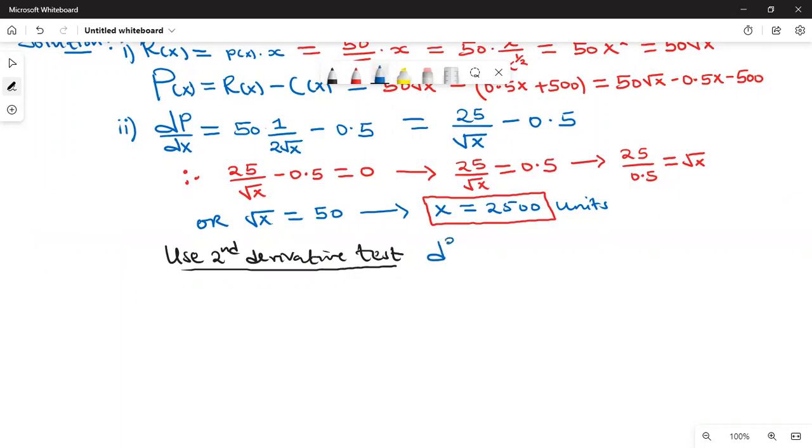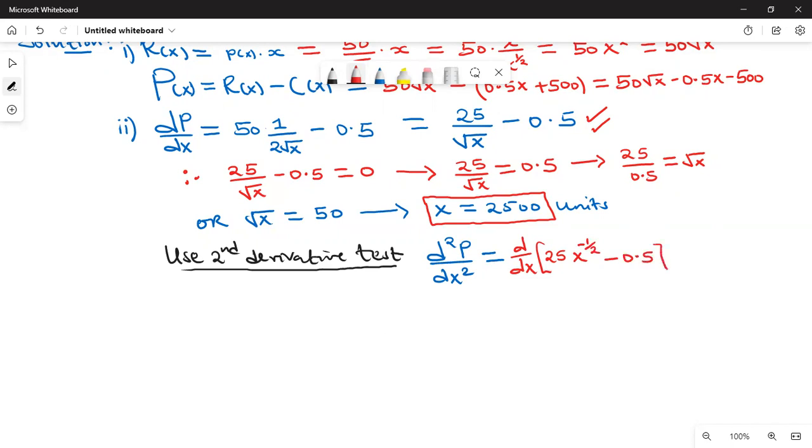So d squared P over dx squared. Differentiate the first derivative. Look at what you are differentiating, the one I have ticked. With respect to x, when you differentiate 1 over root x, remember 1 over root x is the same as x raised to negative 1 over 2. So it will be the derivative with respect to x of 25 times x raised to negative 1 over 2 minus 0.5.